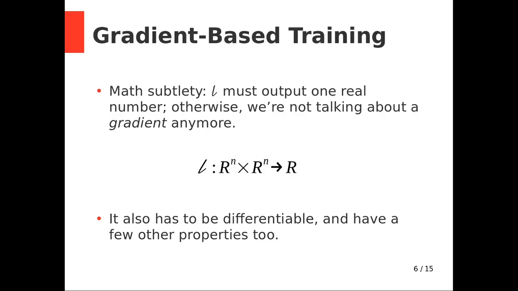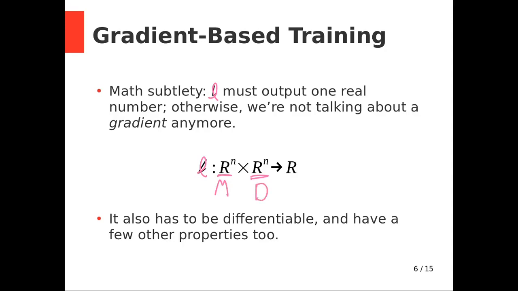So another little subtlety is, in order for the gradient to make sense, our loss function has to map 2 real vectors. This one is M, this one is D, right?